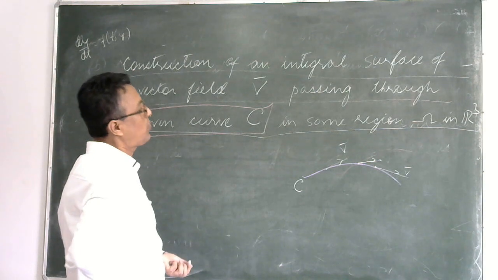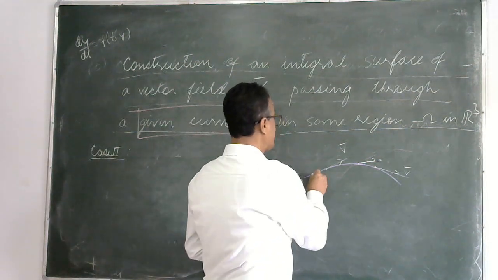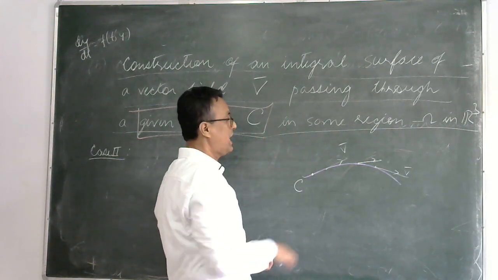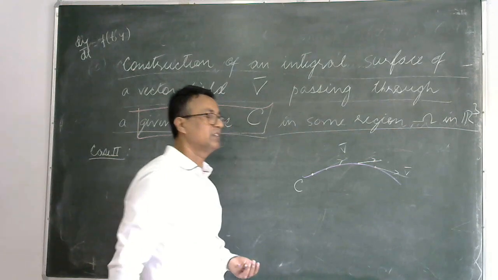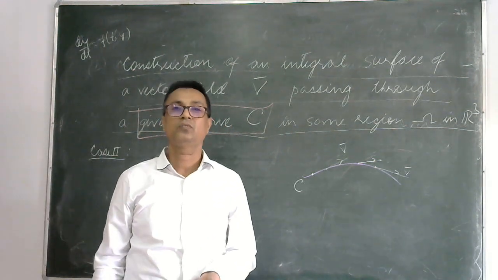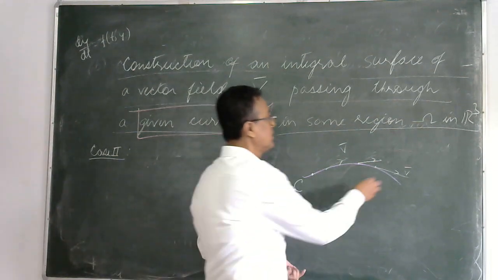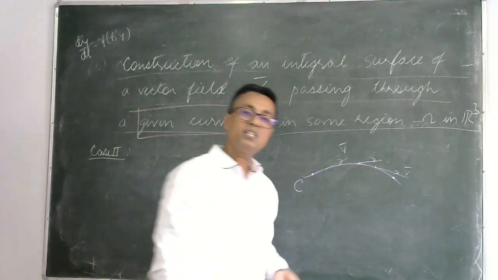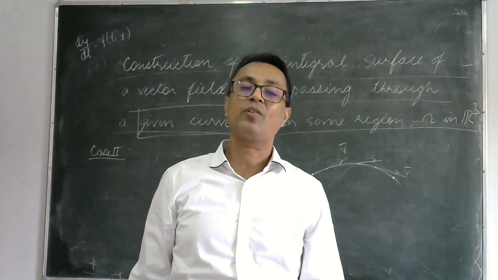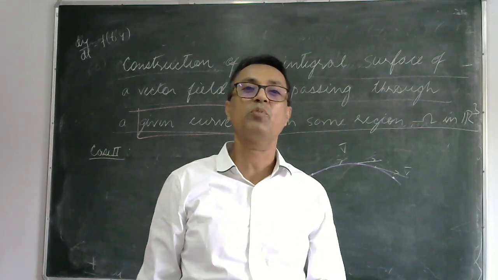Suppose you take a point here on the curve C, and through that, you want to draw an integral curve corresponding to V. Similarly, you take another point here, and again you want to draw an integral curve corresponding to the vector V. What are you going to come up with?